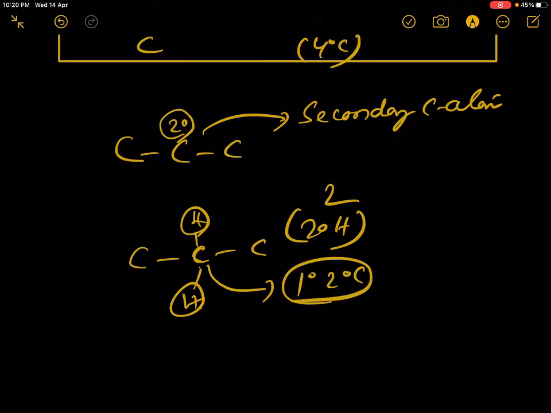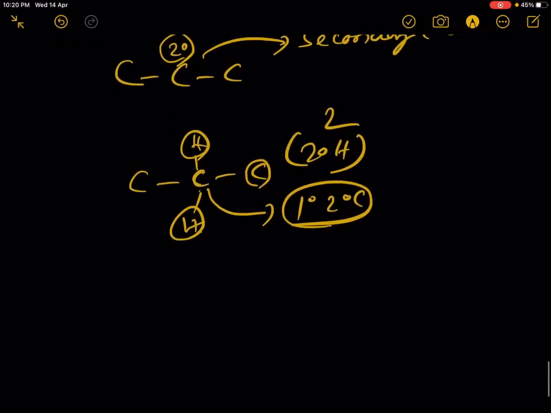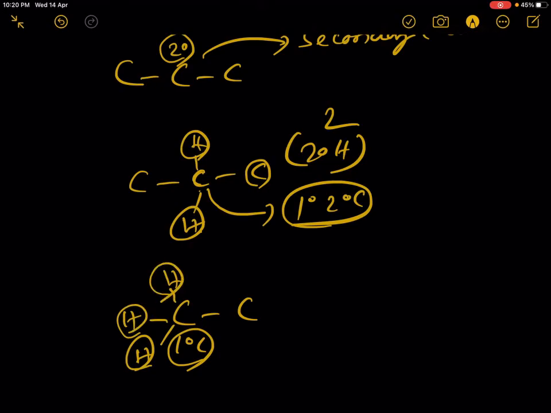And the carbon atom which is bonded to 1 carbon is a primary carbon. And the hydrogen atoms attached to primary carbon atoms are primary hydrogen atoms. It is also a primary carbon.